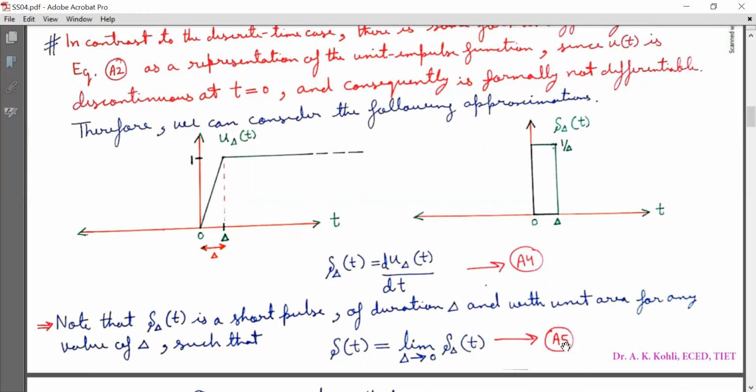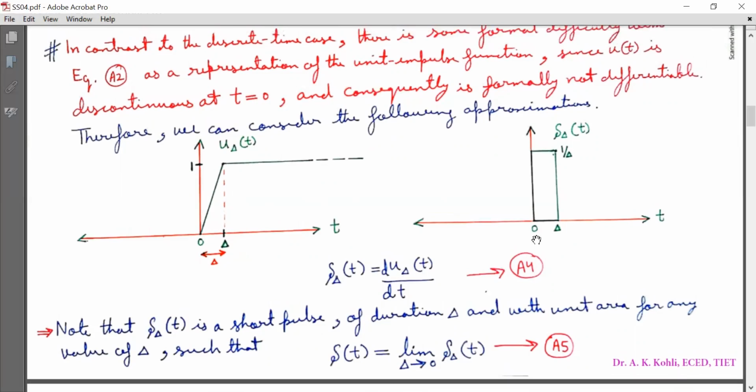Mark it as equation A5. This means if in this plot, this uppercase delta tends to 0, then this signal will indicate the unit impulse function, because of unit area.